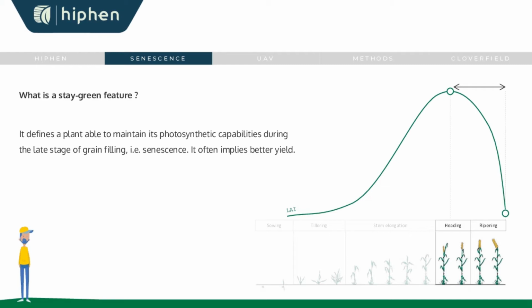So the capacity of my plant to continue to intercept light and to fix CO2 into biomass. This is often a very important feature to understand if you're still managing to make grain filling or not. So it's a feature that breeders are quite eager to have in their crops.